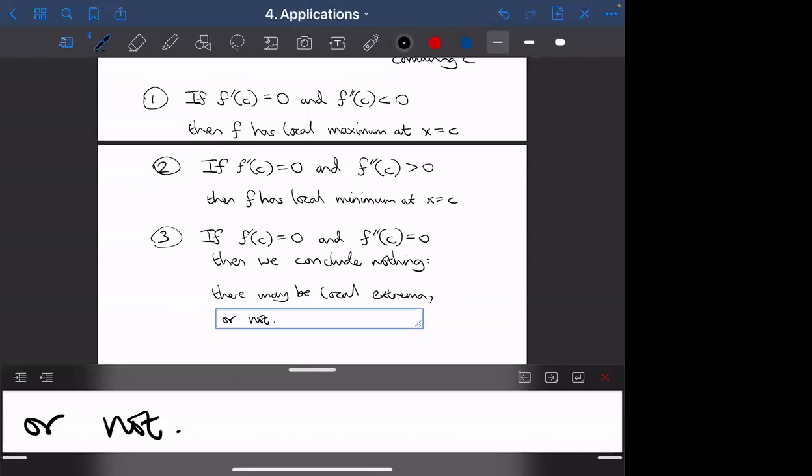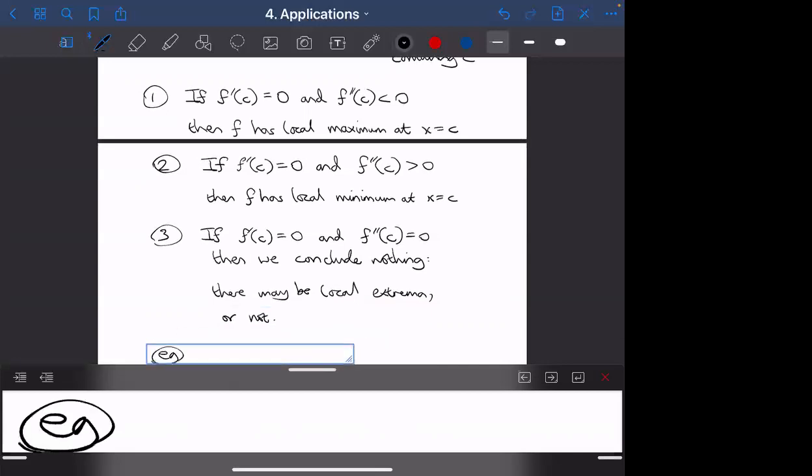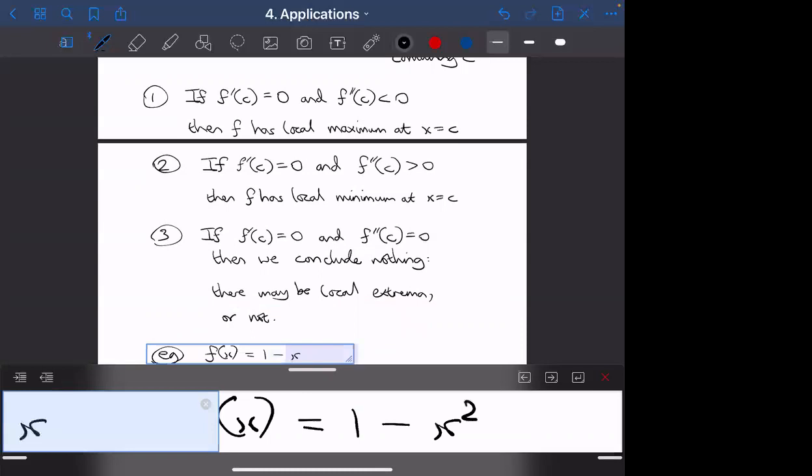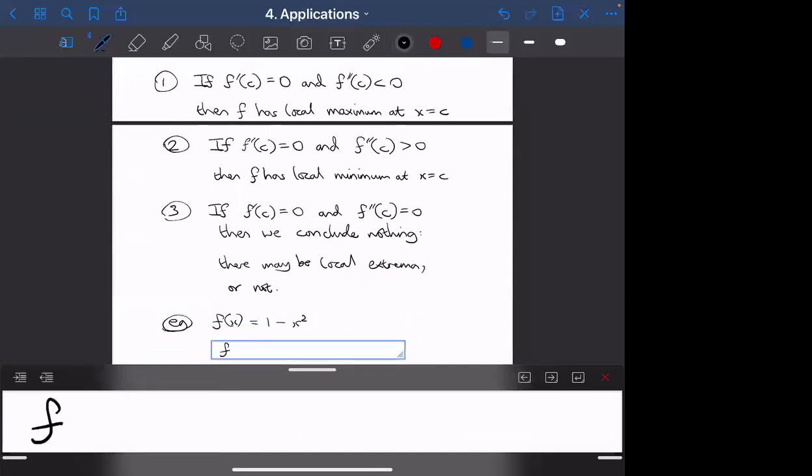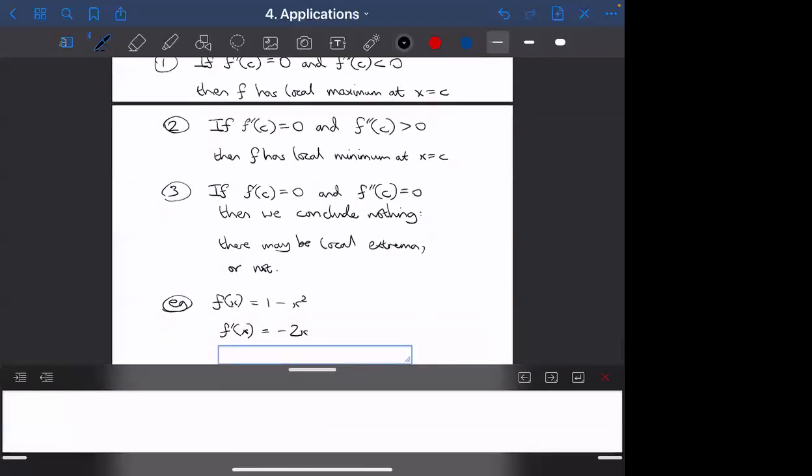Okay, so let's give some examples of how to apply this. So a simple example. f(x) is 1 minus x squared. We know that has a local maximum at 0. So f prime x is minus 2x. So we can find the critical points.